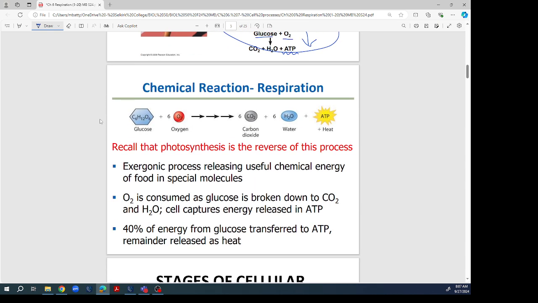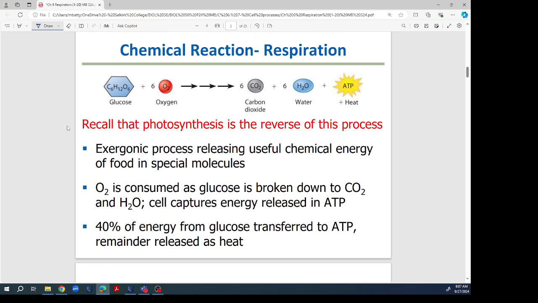So we've seen chemical reactions, we've seen respiration and photosynthesis written out as a circle, said they're the reverse of each other. This is a little bit more of a linear approach here. And so cellular respiration, or aerobic respiration, as I should probably more accurately say, takes one molecule of glucose.